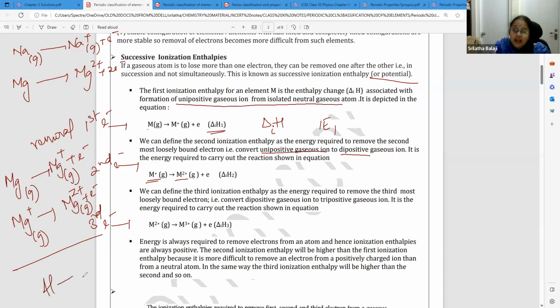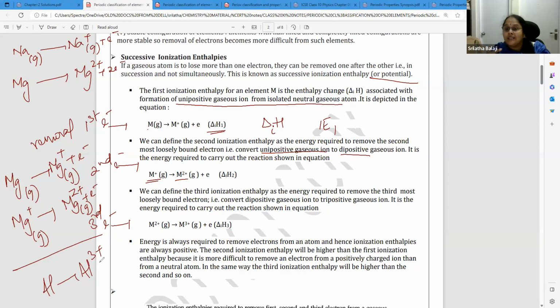When aluminium is converted to Al3 plus, how many ionization enthalpies are involved? 3, first, second, third. Get that. Is it clear? The total energy required to remove 3 electrons will be the sum of all these ionization enthalpies, ionization enthalpy 1 plus 2 plus 3. So this much total energy is required ultimately for the formation of Al3 plus from aluminium. Is that clear to everyone?